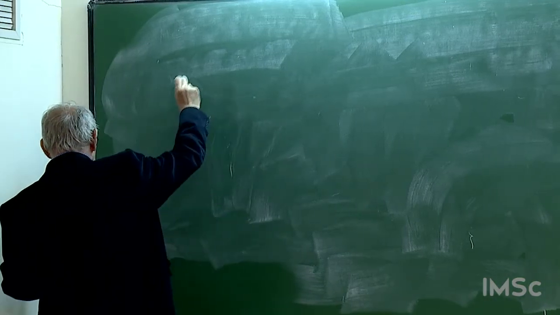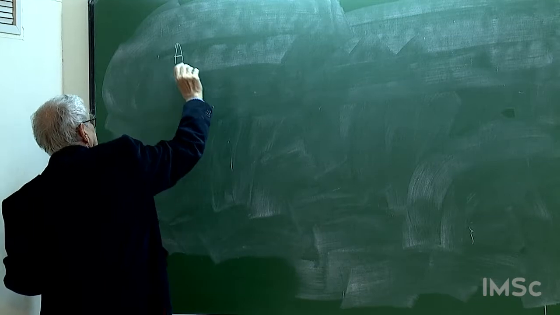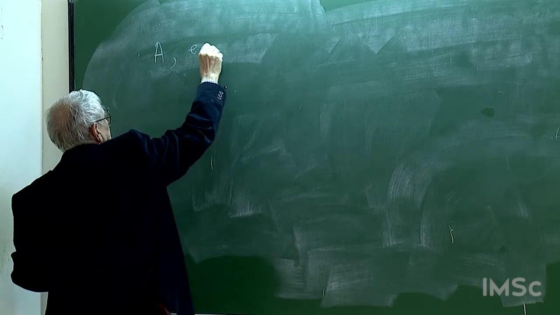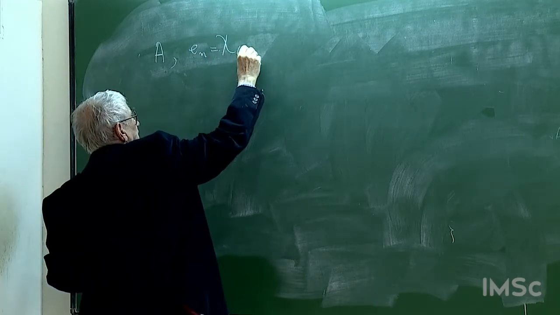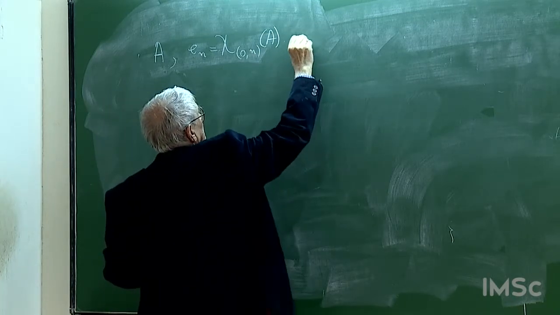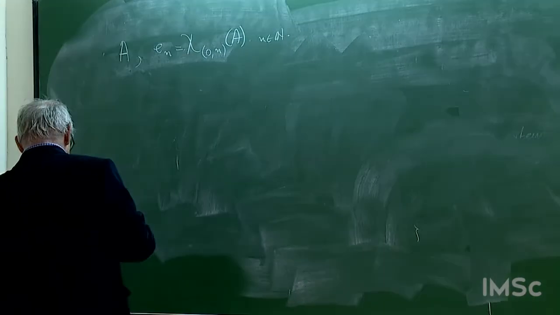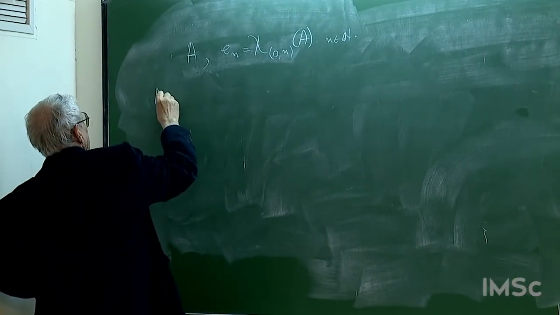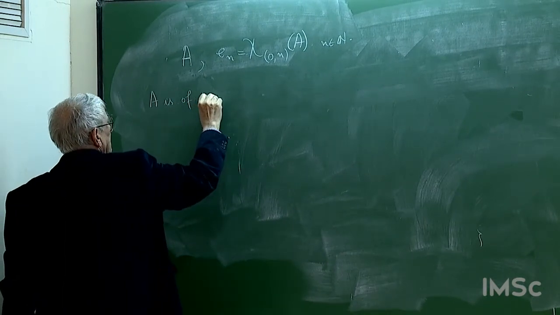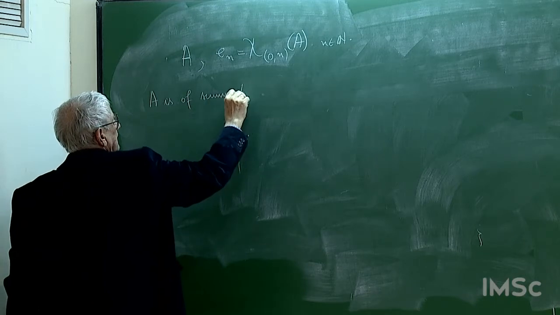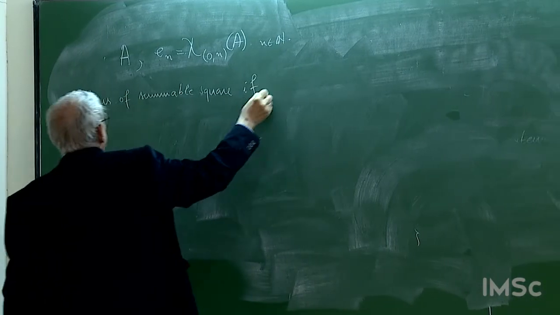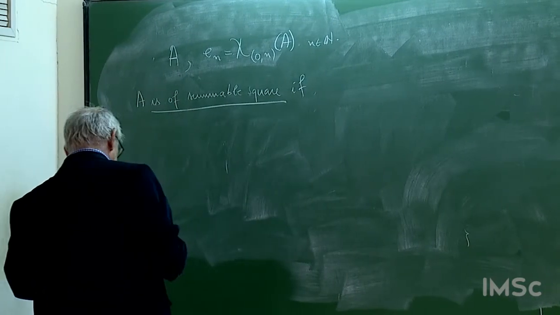So I take a positive self-adjoint operator A in H, and by E_n I denote the spectral projection of A on the interval 0 to n, for every n in N. Okay, I will say that A is square summable, so this is the notion that is defined.